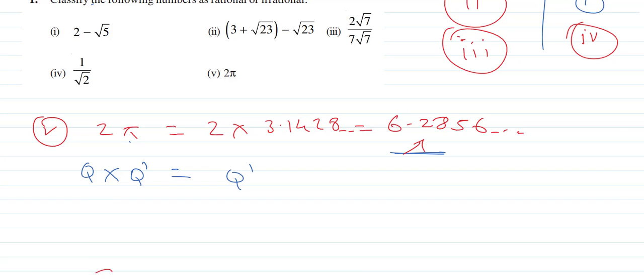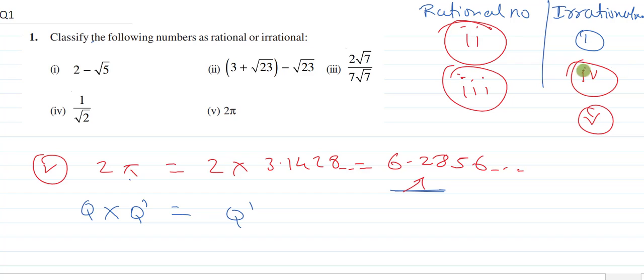So it is of the category irrational. That is, the fifth is also an irrational number. In this way we have categorized our questions. Second and third are rational. So just by calculating the answer, we can classify the given question as a rational number or irrational number, right?